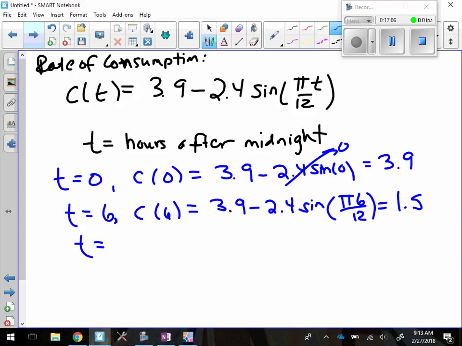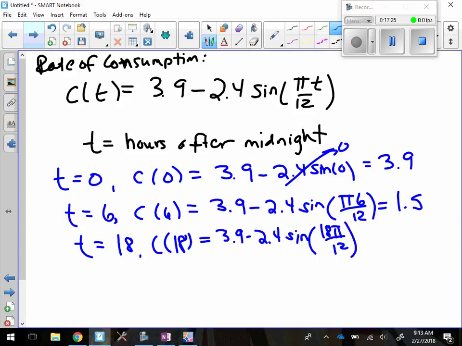But how about 6 o'clock at night? What's T going to be equal to at 6 o'clock at night? 18. So let's take C of 18. That's going to give me 3.9 minus 2.4 times the sine of 18 pi over 12.